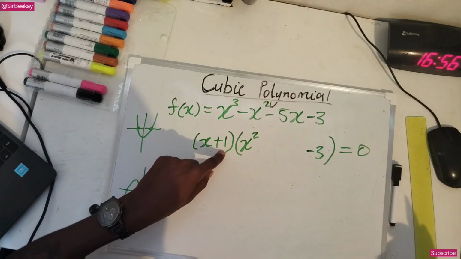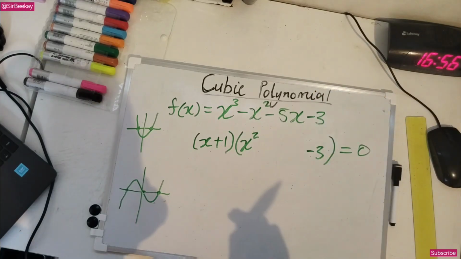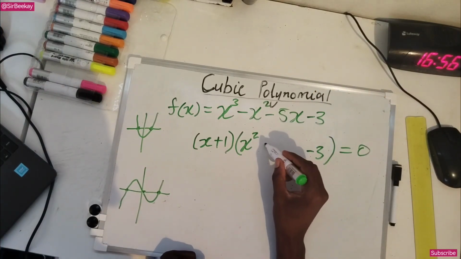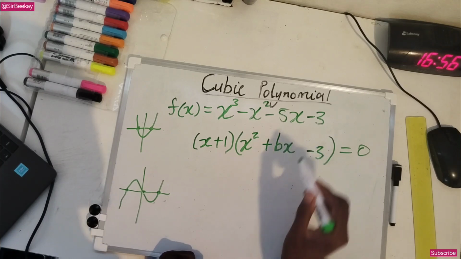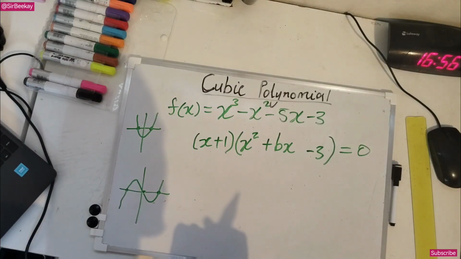So I must have a negative 3 here. The only thing I'm missing here is the inner part of my quadratic equation.